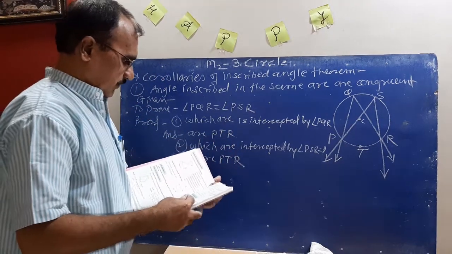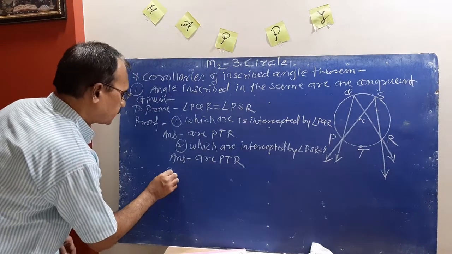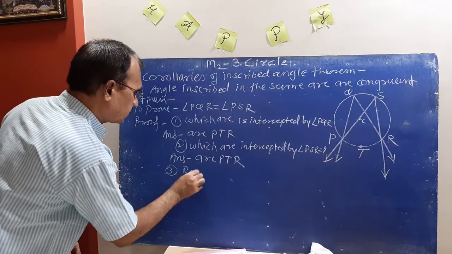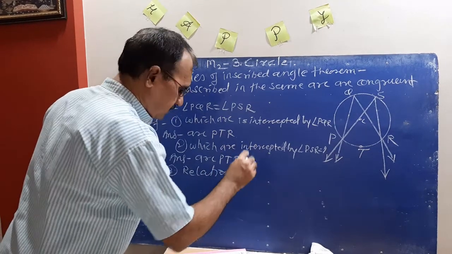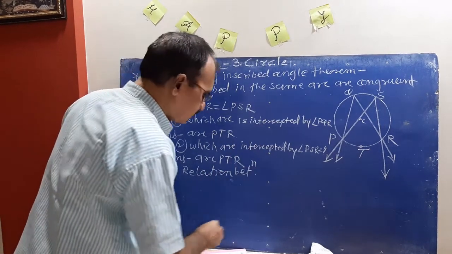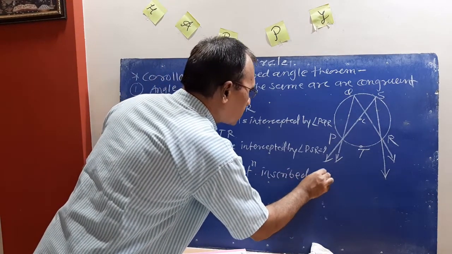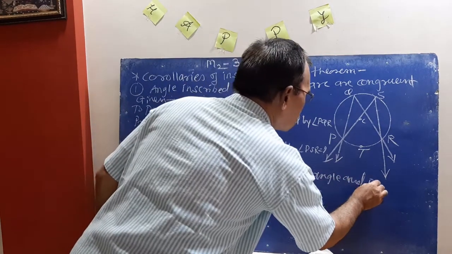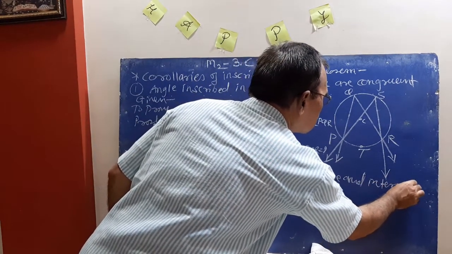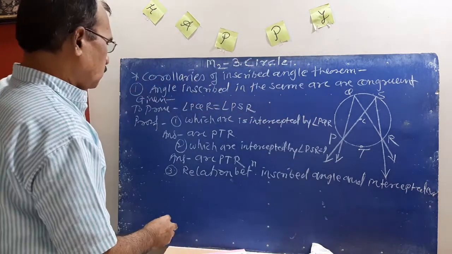Then what is the relation between an inscribed angle and its intercepted arc? We know the relation.